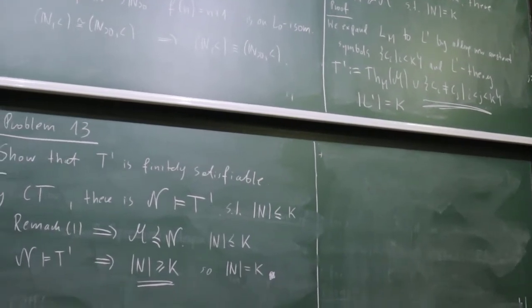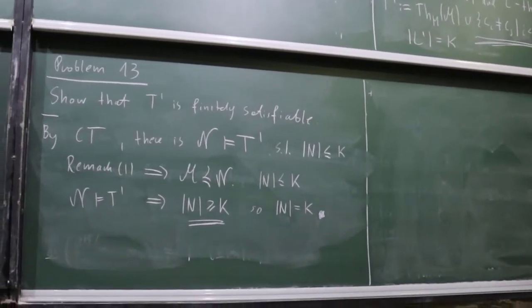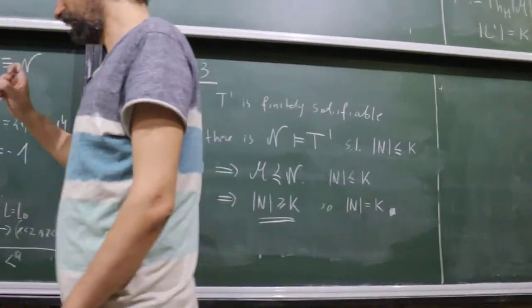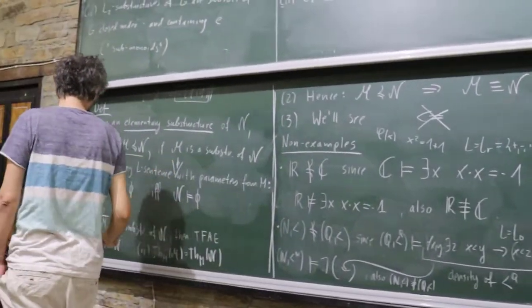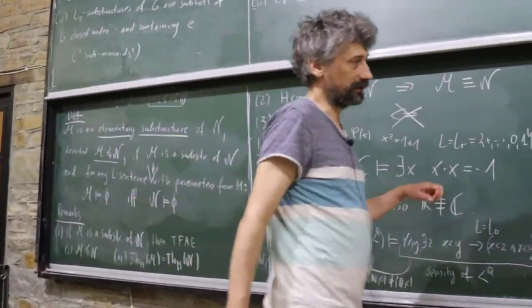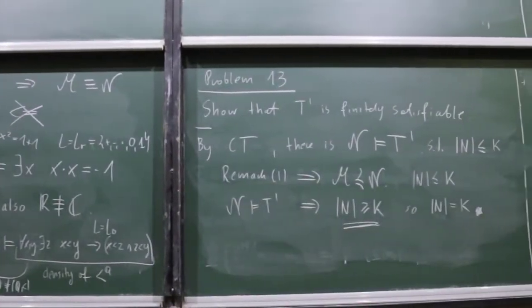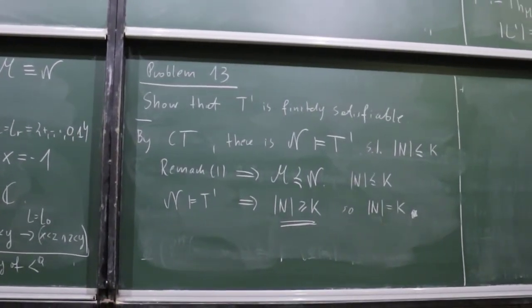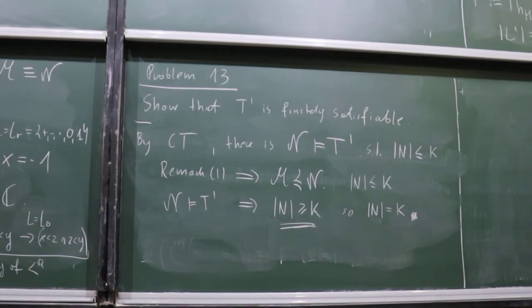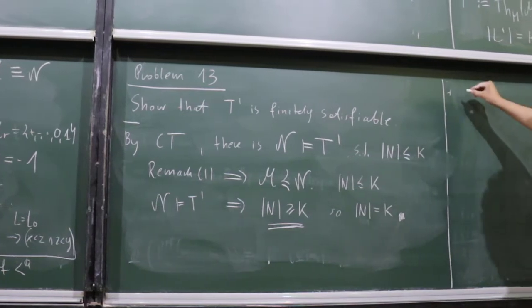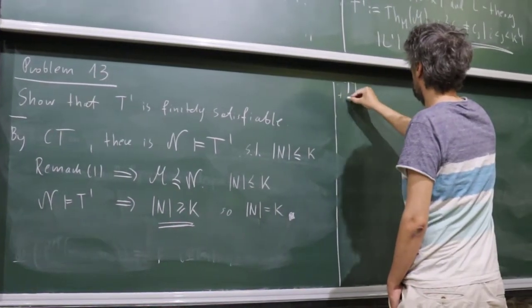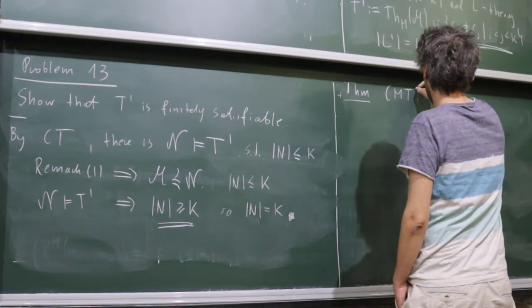So compactness theorem gives us many, maybe not substructures yet, but elementary extensions of arbitrary size, and now I may show, okay, the time. I may start at least. So using this, I may show this theorem, which was called MT2.